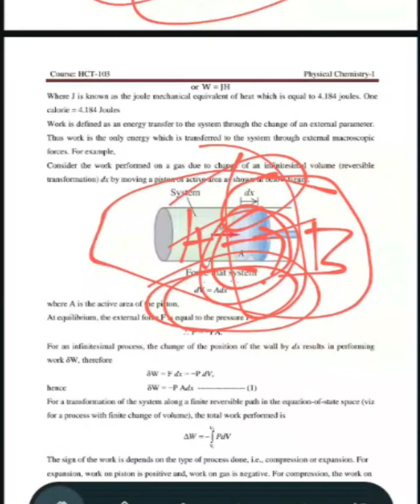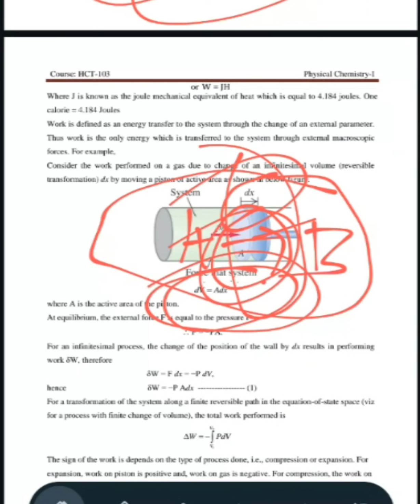So F is equal to minus PA. F is the force, P is the pressure, and A is the active area of the piston. So to calculate the force, you multiply pressure into the active area of the piston.